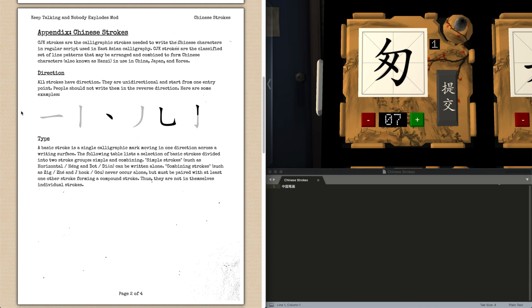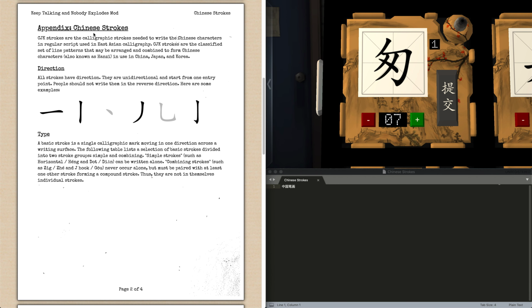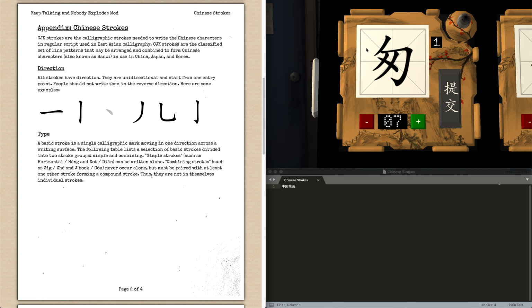So generally Chinese strokes are used in a more calligraphic style, and generally they're all drawn pretty regularly, so to speak. The manual says they're unidirectional and start from one entry point, and people should not write them in reverse.